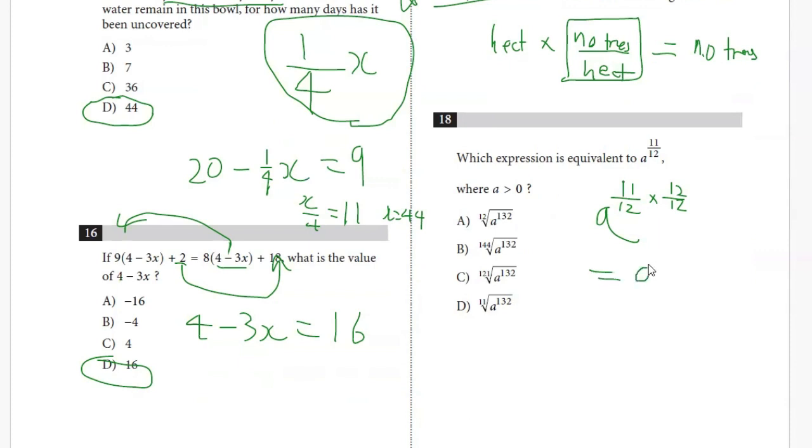And this is a to the power of 132 over 144. Since this is in the denominator, we need to put the 144 here. And since 132 is in the numerator, all I got to do is do this. Okay. For 18, B is the correct answer.